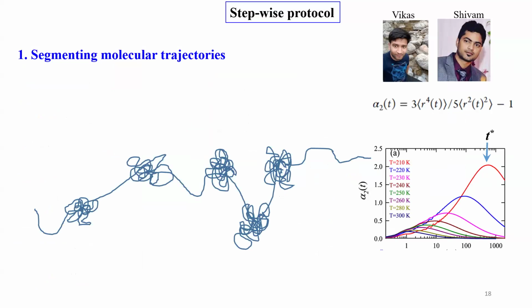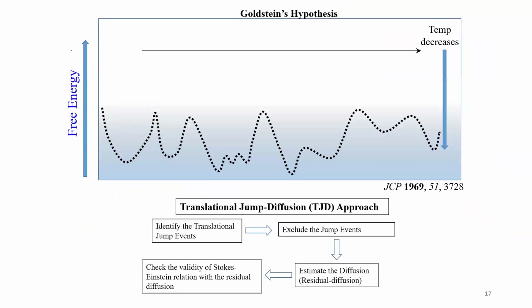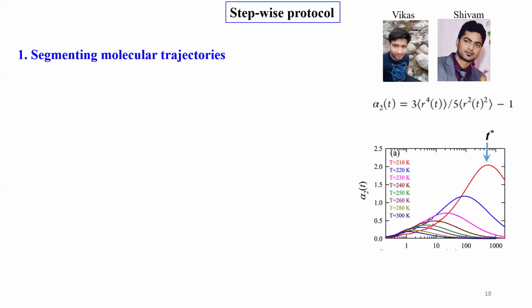If I understand, this non-Gaussian parameter and the setting in of diffusion in your linear MSD are correlated. If this is your alpha 2(t) plot, and you calculate the MSD in your system, then you will see that till T-star it will be subdiffusive, and only then will the diffusion set in, like linearity with t.